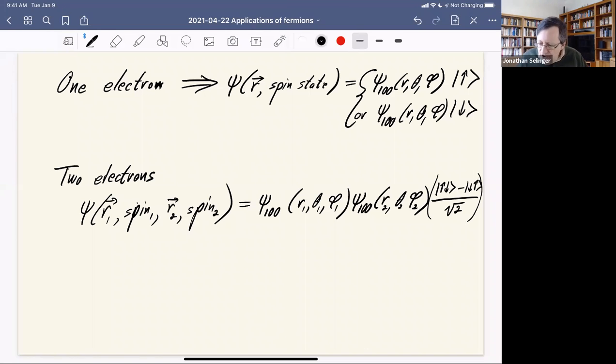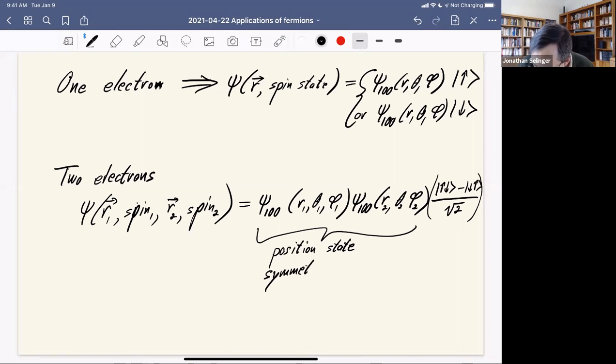Okay, so if you look at this, you can say this is the position state, and it is symmetric under exchange of positions.